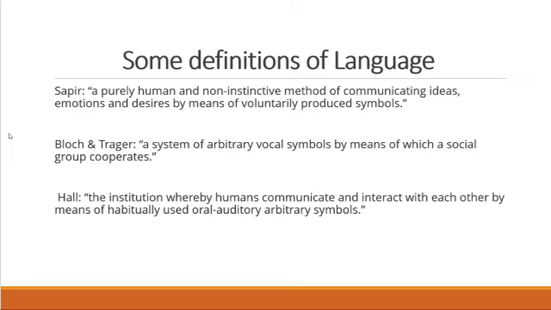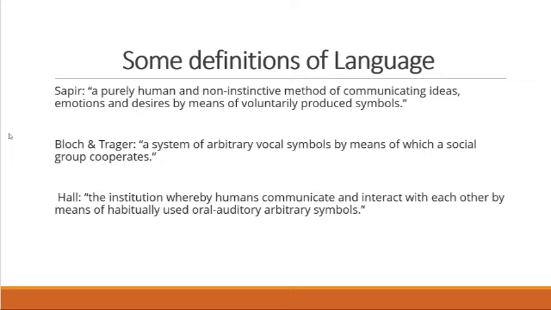Now let us have a look at the second definition of language. It is given by Bloch and Trager, and they say that language is a system of arbitrary vocal symbols. Now we already learned that language is purely human, it is used to communicate ideas, and it is non-instinctive. Now there is a new word, and it is arbitrary.